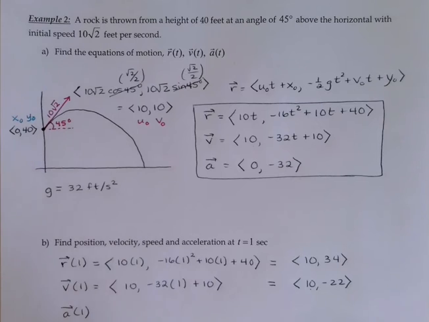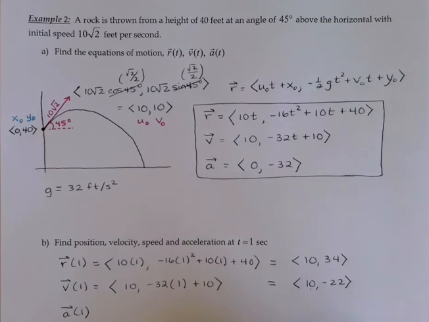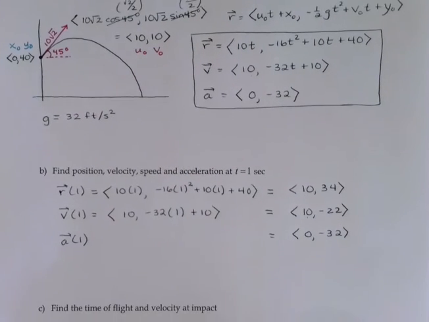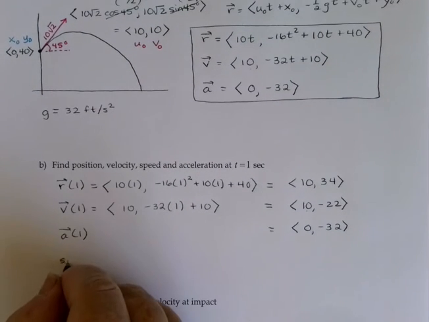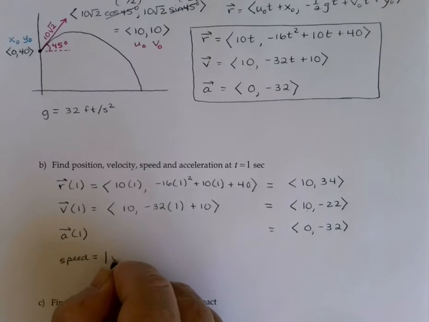A of 1. A actually doesn't depend on time at all. Acceleration is always the same. So that's just 0, negative 32. And then finally we wanted speed. Speed is the magnitude of the velocity vector.